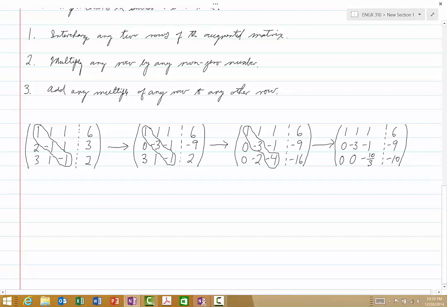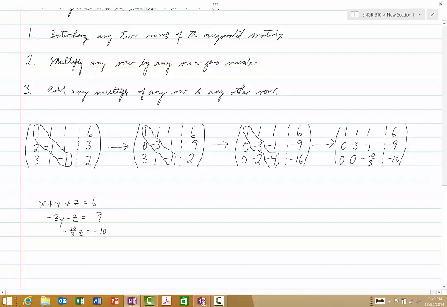So the first line is x plus y plus z equals 6. The second equation is negative 3y minus z equals negative 9. And the last equation is negative 10/3 z equals negative 10.